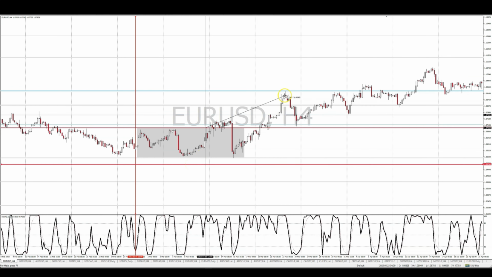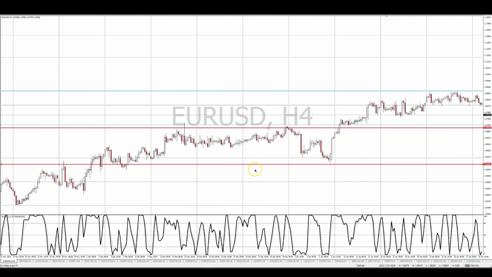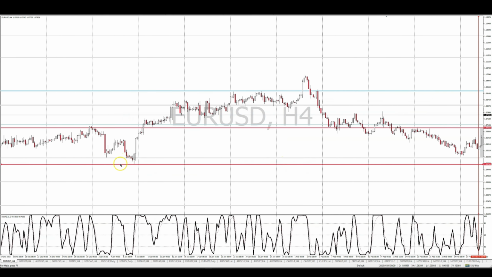And then you went straight to the take profit, simply because we're not placing our stop loss at our level. We're placing our stop loss behind the candle that created or initiated or broke through the level.